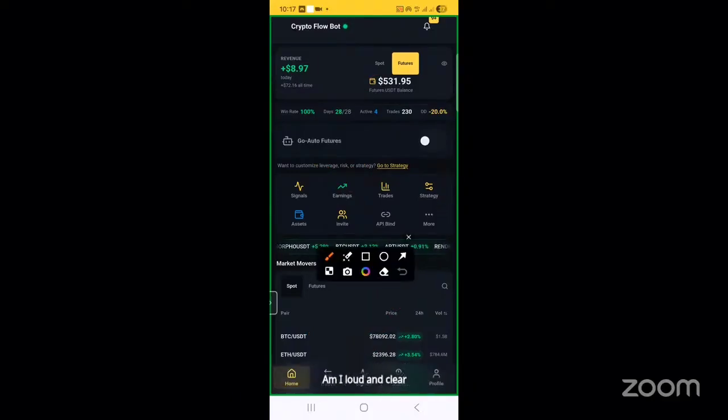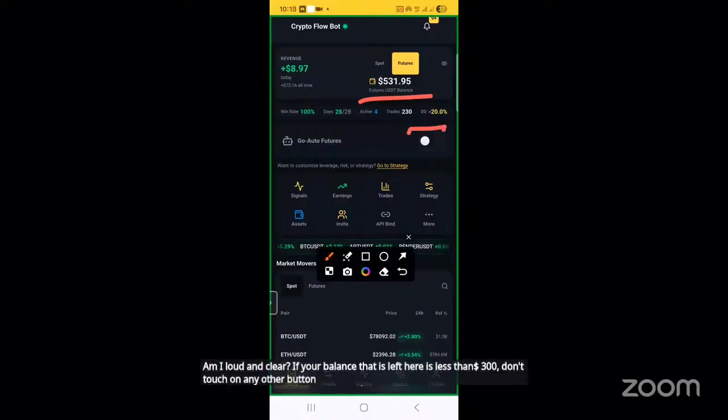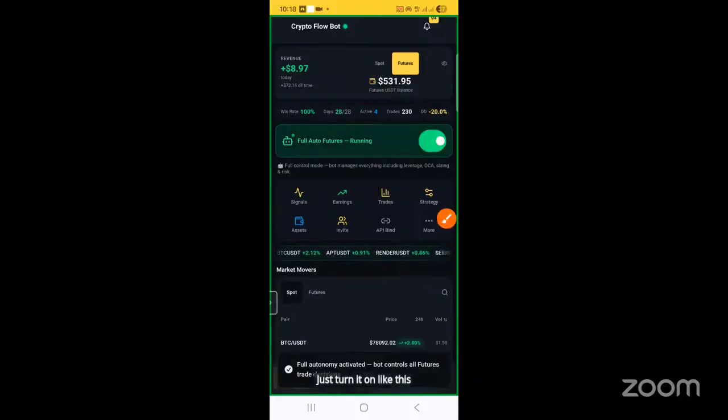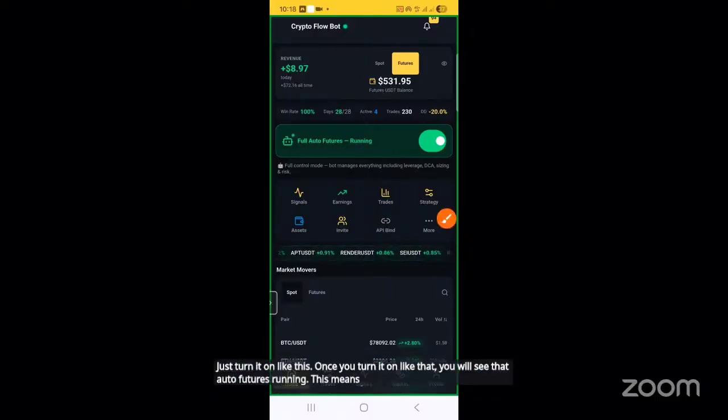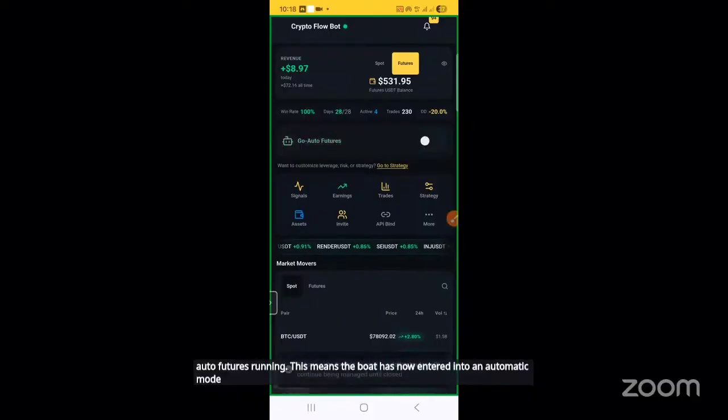If your balance that is left here is less than $300, don't touch any other button except this button. Just turn it on like this. Once you turn it on like that, you will see that auto futures is running. This means the bot has now entered into an automatic mode. Let me first turn it off so that it doesn't put trades.